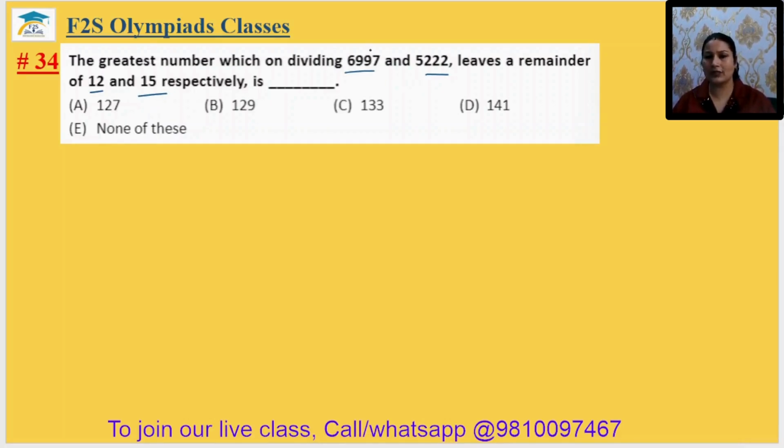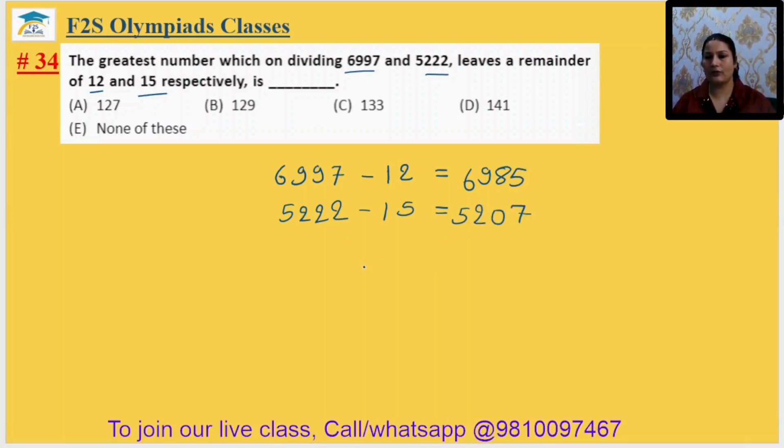So first we will remove the remainders from these numbers. 6997 minus 12 is 6985. Second is 5222 minus 15, that is 5207. Okay? Now find the HCF of these two numbers. You will find that number.